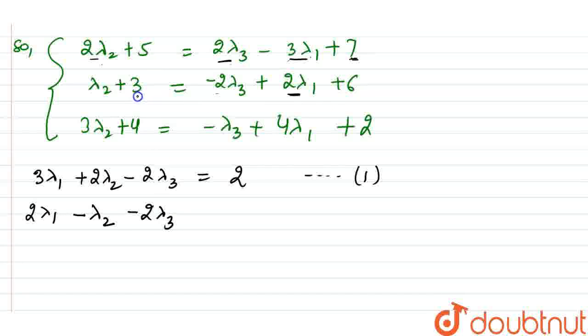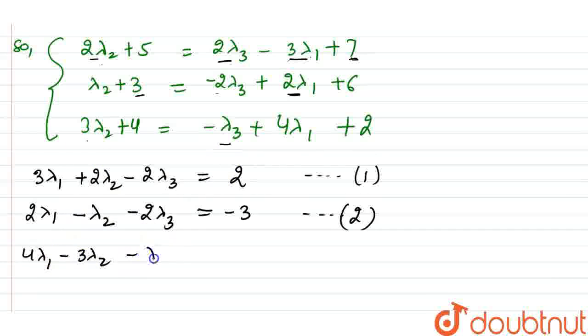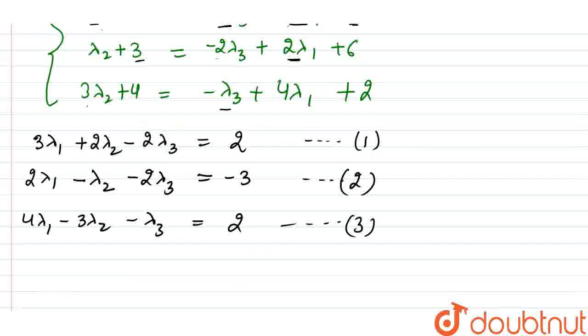So this is 3 minus 6, which will be minus 3. So this is equation number 2. And for the last equation, 4 lambda 1, minus 3 lambda 2, and minus lambda 3. This is 4 minus 2, that will be 2, and this is equation number 3.